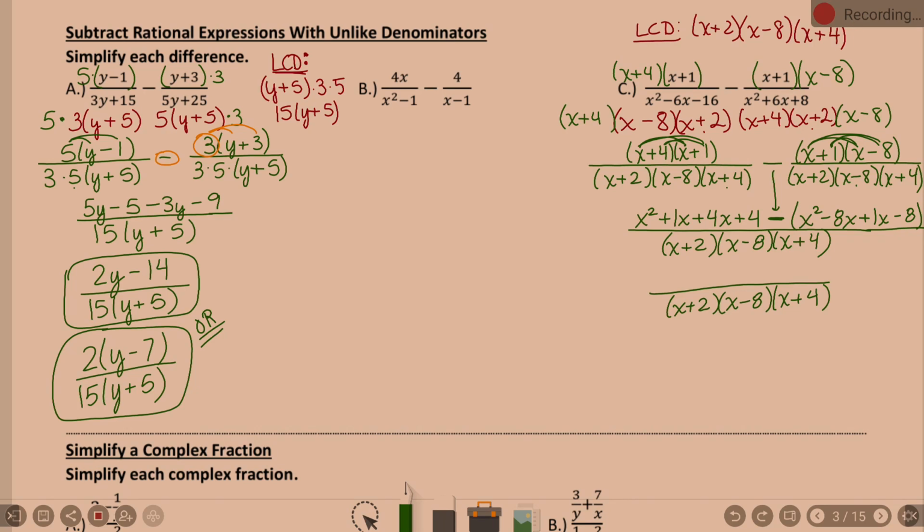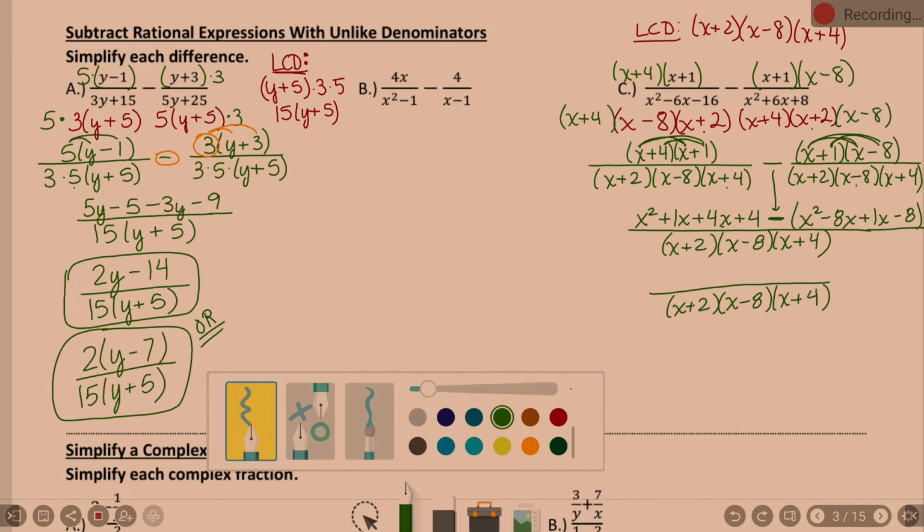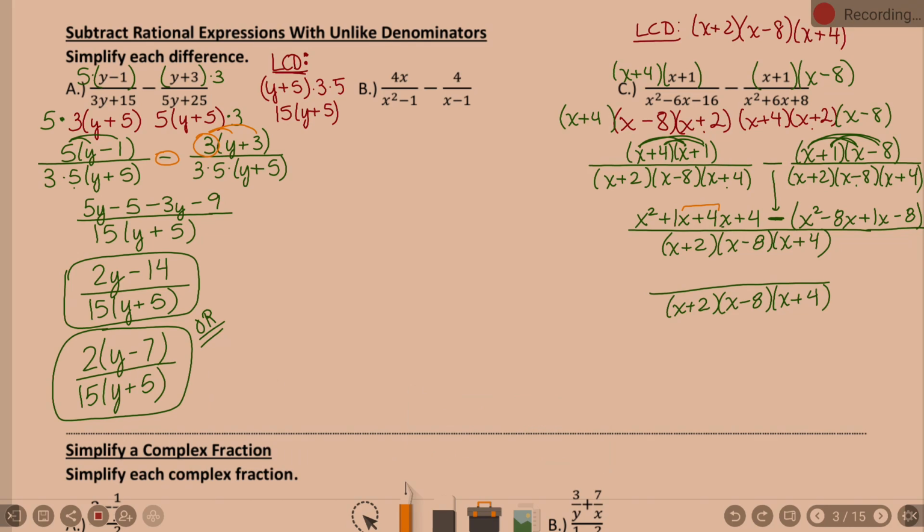X squared minus X squared cancels. My X squareds are gone. Now, we've got several X's to mess with here, don't we? 1X and 4X is 5X. And I don't know how your brains work. I just know how my brain works. My brain on this one is going to say, okay, I know 1X and 4X is 5X.